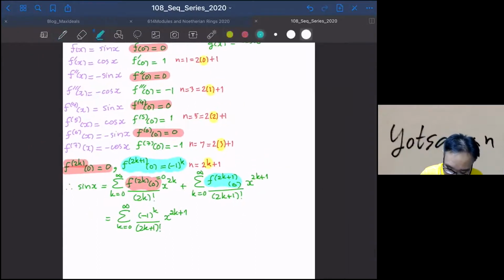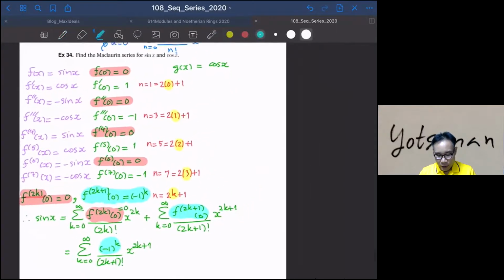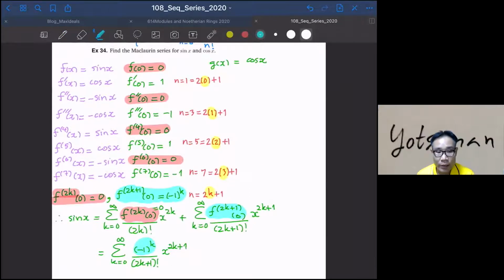So this one is just the blue part. This is for f of x equals sin x, and this gives you the Maclaurin series for sin x. The radius of convergence for this turns out to be the same as the exponential: x can be any real number. When you use the ratio test, you can see quite clearly that the radius of convergence will be infinity. So this is how we deal with f of x equals sin x.